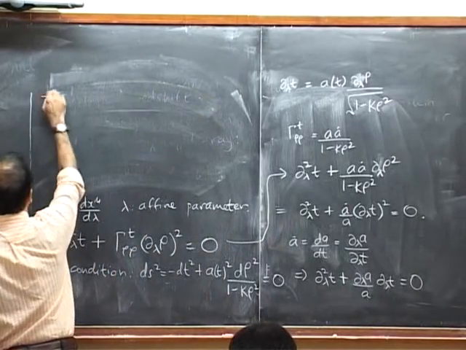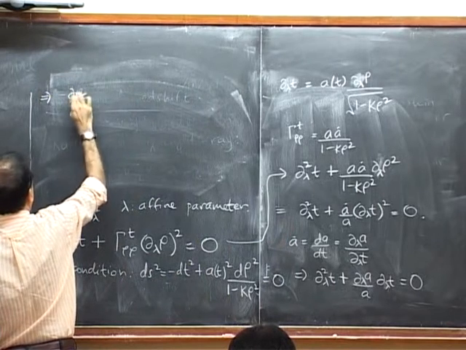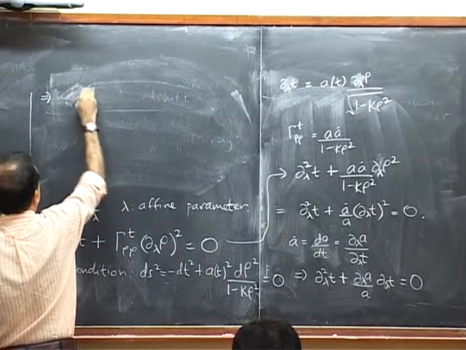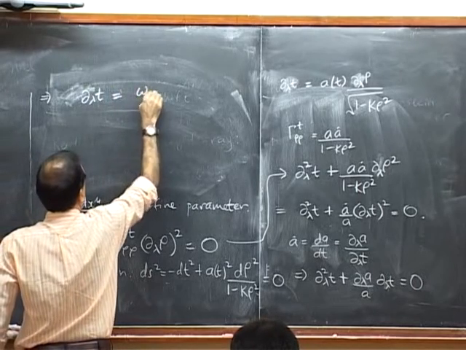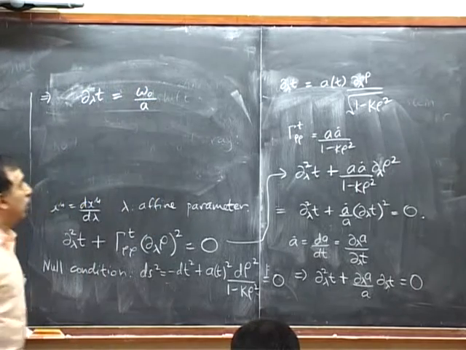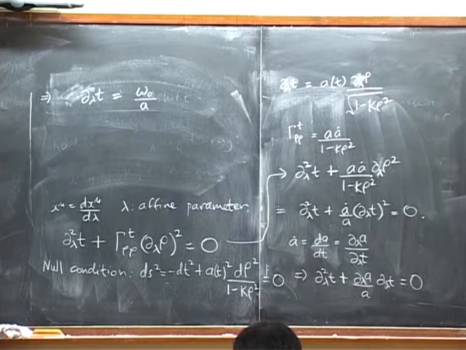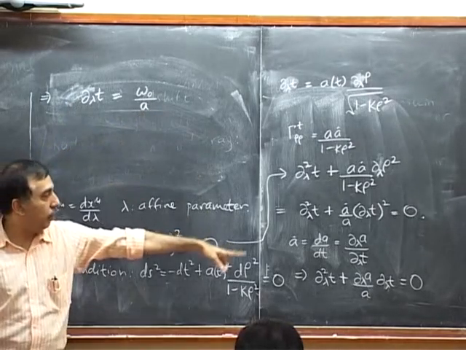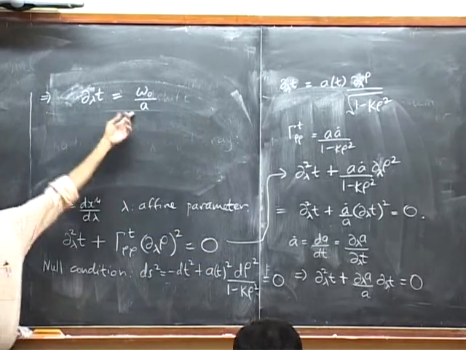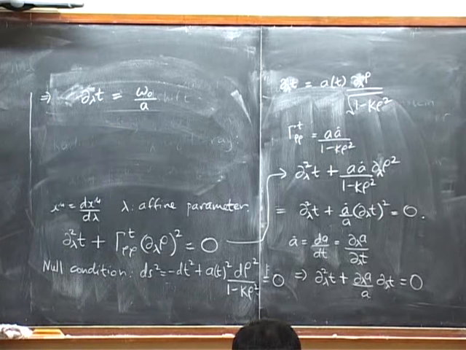So from this we get that del lambda of t is, I'll put an arbitrary constant here, omega naught upon a. That's the crucial result. If I differentiate this and divide by this, I'll get del lambda a upon a with a minus sign. That's exactly this. So it's just the integral of that equation.